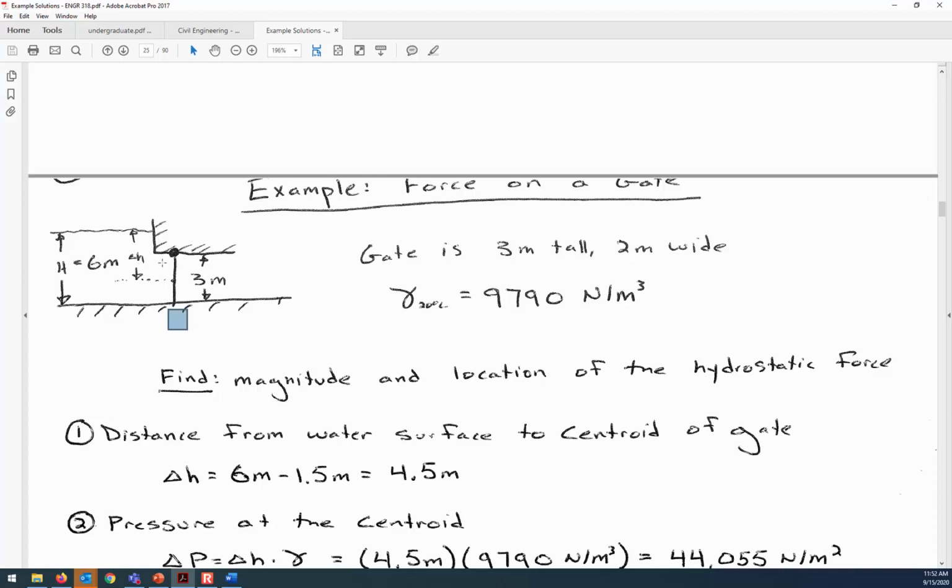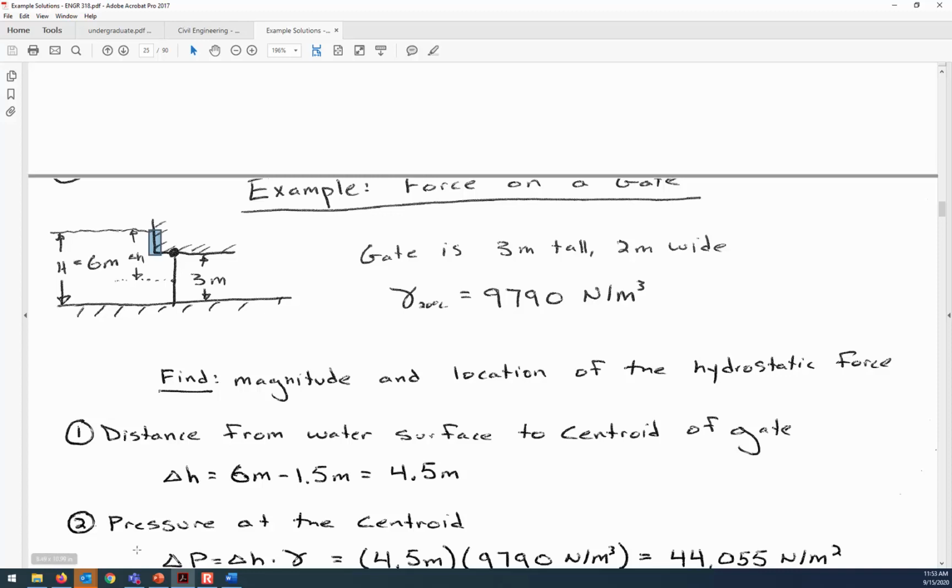Oh gosh, it's 1.5 meters here from the hinge down to the center of area. And so that means 1.5 plus then from this distance is 3 meters. Okay, so delta H is 4.5 meters.